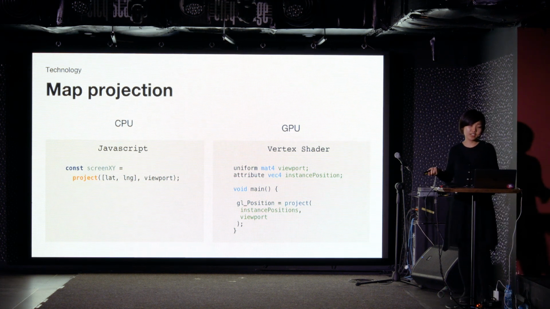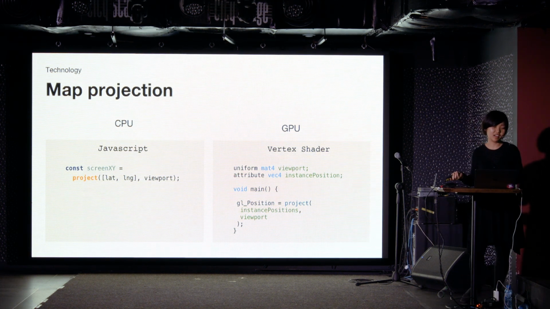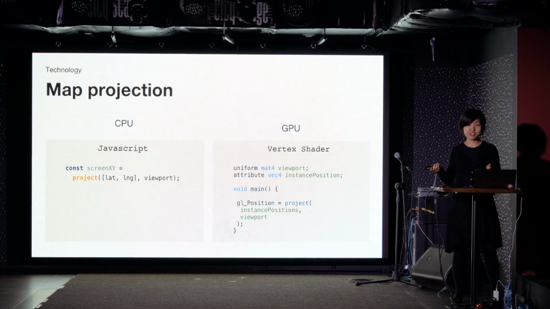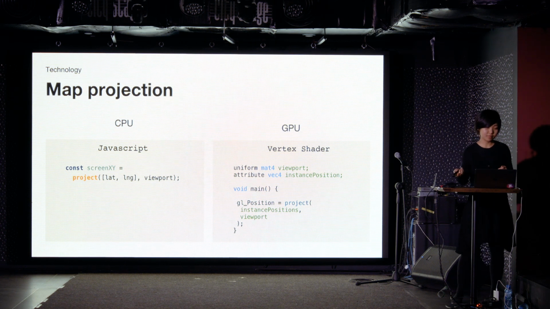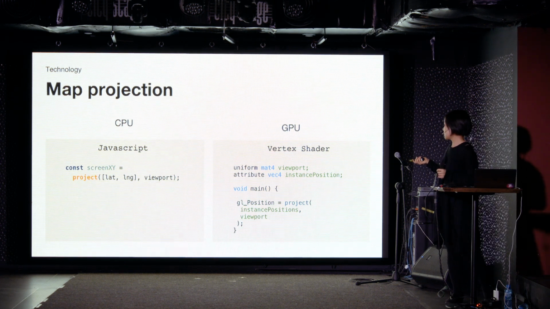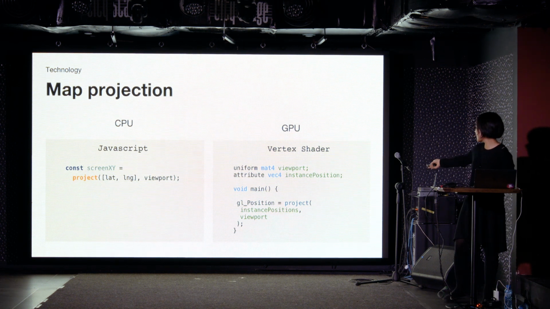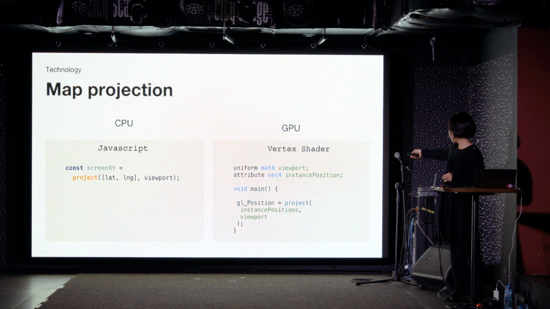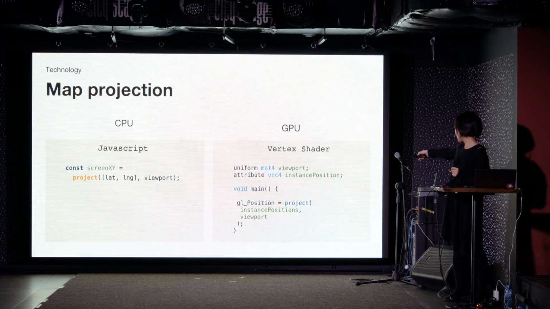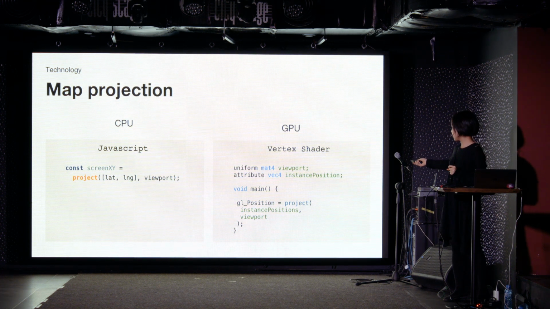The vertex shader determines the position of a point in screen space based on its position in geometric space, and it's automatically applied to all the data points at the same time. As you can see here, the geo position is determined by a projection function that takes an instance of projections and the viewport, which is a matrix.